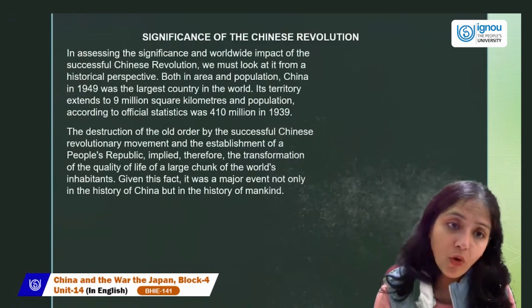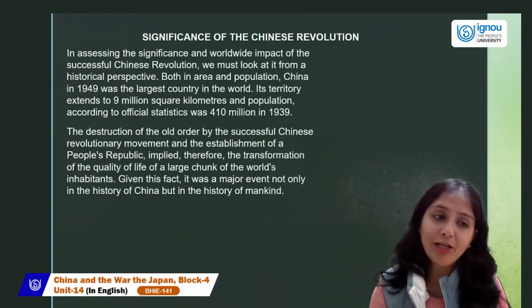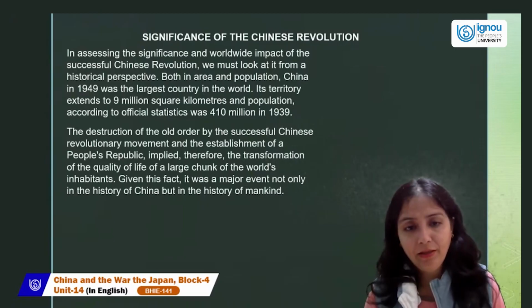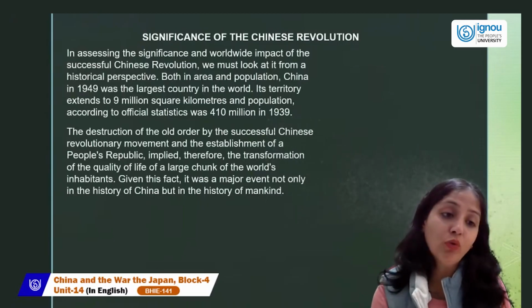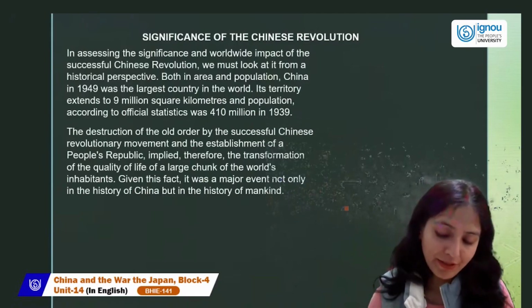The destruction of the old order by the successful Chinese revolutionary movement and the establishment of the People's Republic brought the transformation of the quality of life of a large chunk of the world's inhabitants.